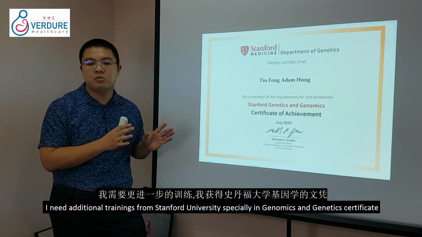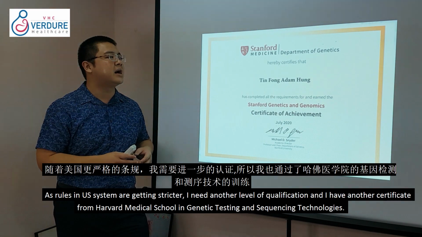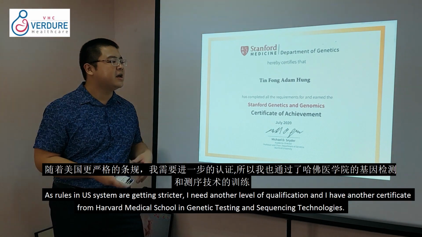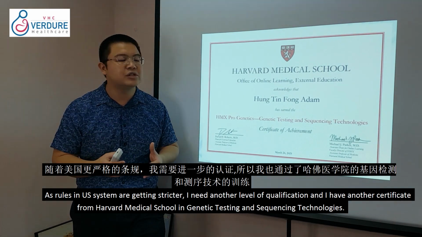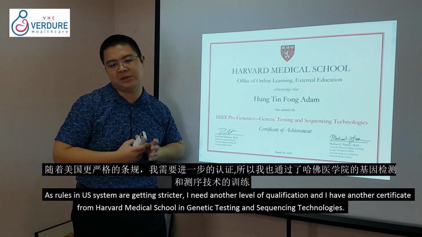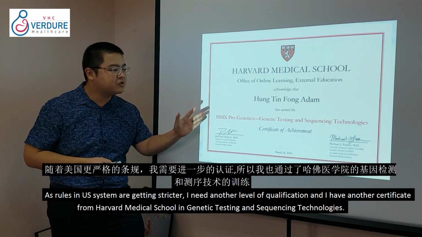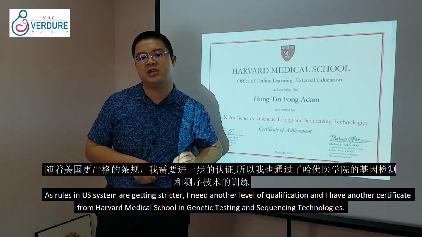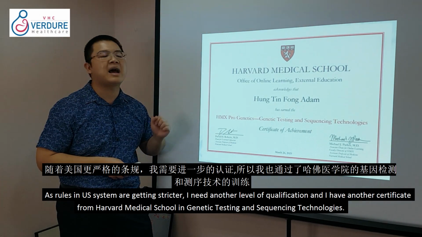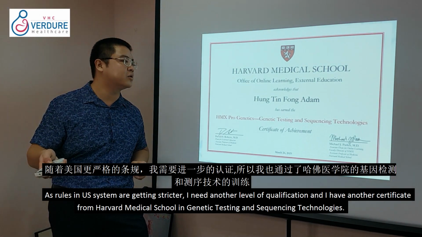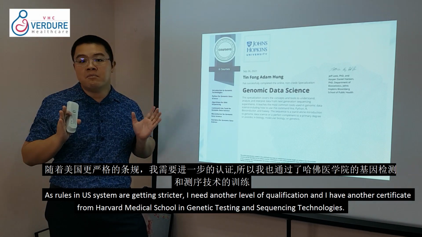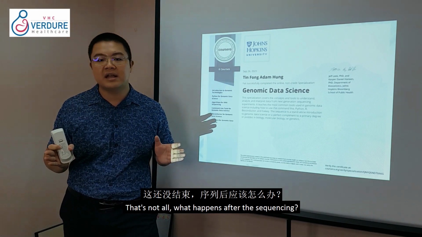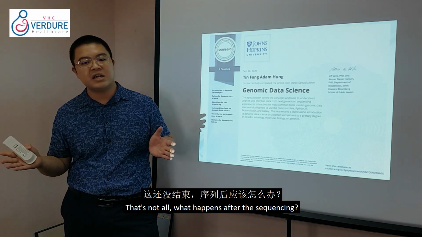And if you follow the US system, they're getting more and more strict. If you want to offer people genetic tests, you have to earn another specific qualification for genetic testing and the relevant genetic testing technologies, and for that, I obtained it from Harvard Medical School. Furthermore, that is not it. Sequencing technology, what happens after the sequencing?